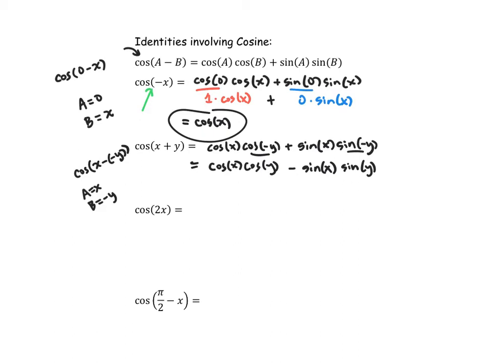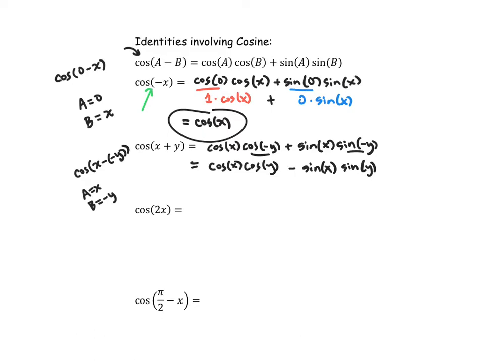So what you'll notice, and you should get used to this, is cosine of A minus B is cosine A cosine B plus sine A sine B, with plus in between. So the minus here equates to a plus there. The plus in cosine of x plus y will equate to a minus here. So I always think of cosine as the sign inside the parentheses is contradictory or opposite to the sign in the actual expanded form.